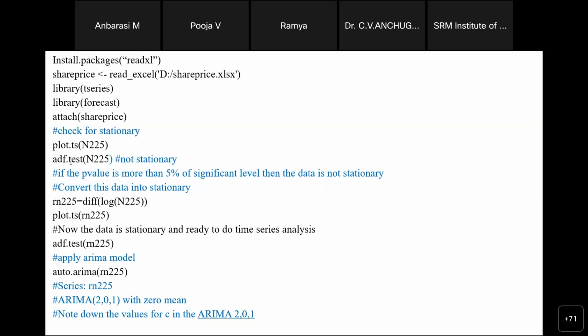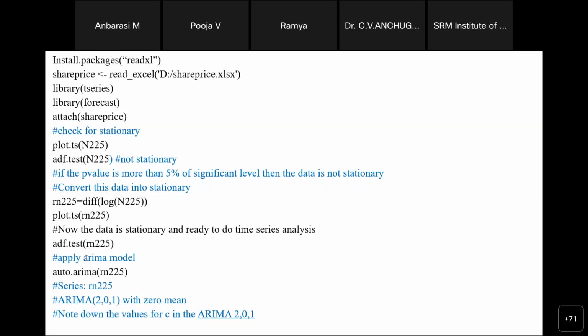This auto.arima, what I told you, will automatically calculate the parameters p, d, and q. The p value is the auto regression value, the d is the differences, and the q is the moving average value.